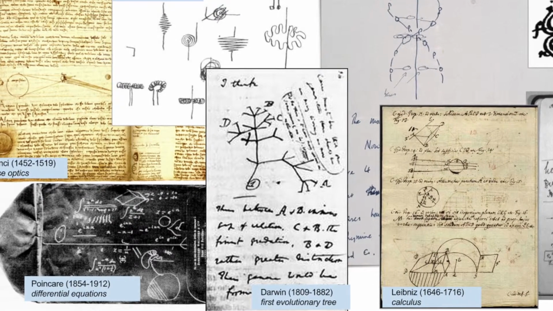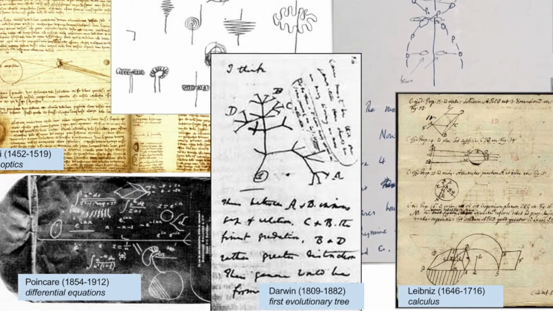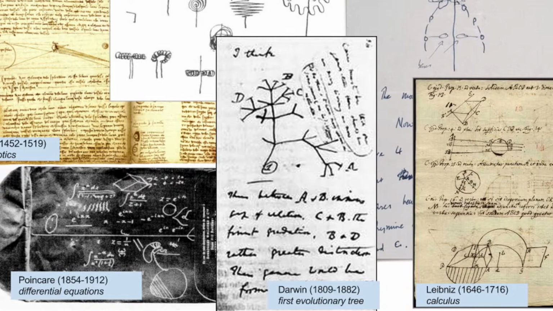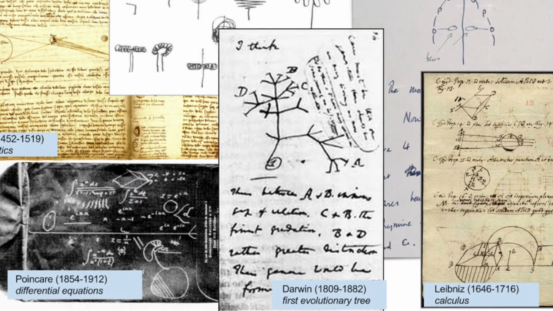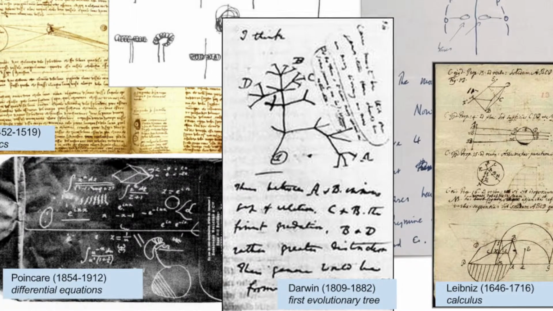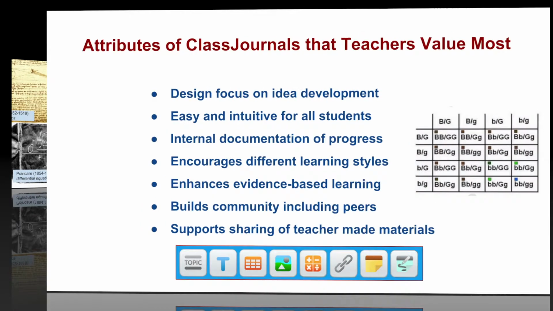Yet nearly all digital documents we use today in schools were developed to facilitate the communication of final polished thoughts as presentations. ClassJournals, however, aims to restore the notebook's reflective and discovery purposes that focus on the journey rather than the final product.